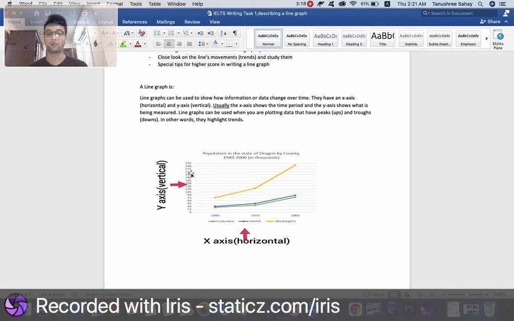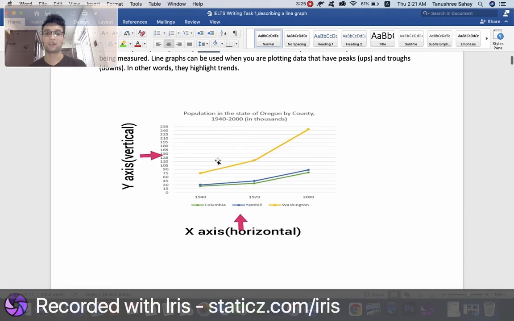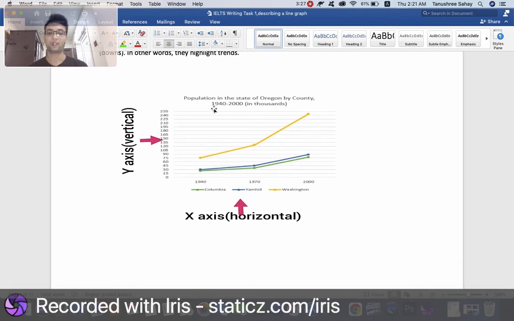And on the vertical axis, you can see what is being measured. For example, in this example, it's all about population in the state of Oregon by county. So county means the region of the state between 1940 and 2000. Okay, so there are about 60 years of gap here.